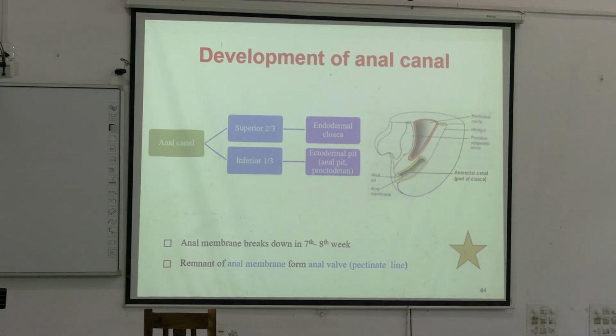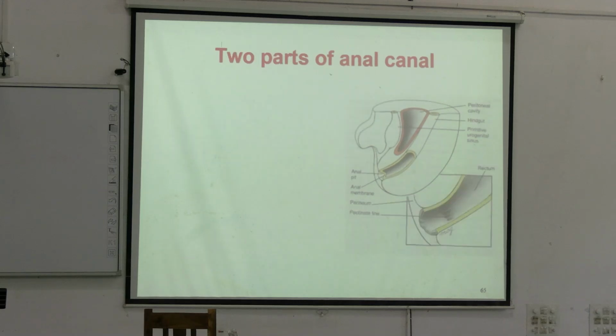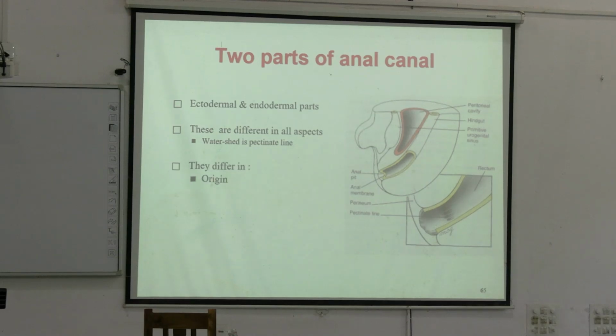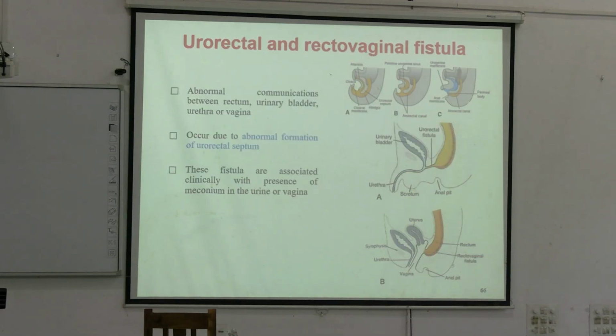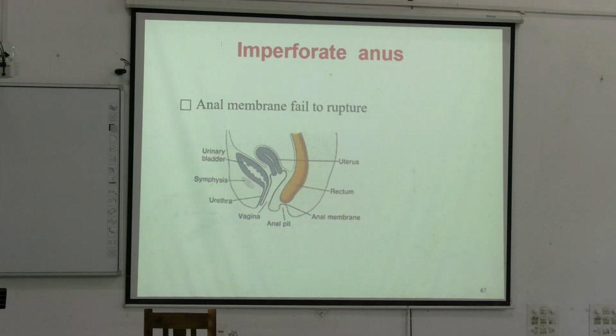If the anal membrane fails to break, we have a clinical problem. We give you a clinical problem related to non-rupture of the anal membrane. That problem is known as imperforate anus, which is your exam question. So imperforate anus is because of non-rupturing of the anal membrane.